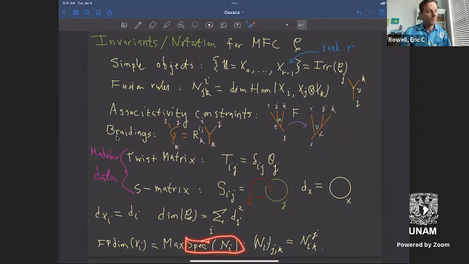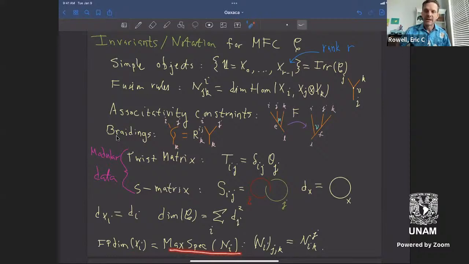In particular, you can look at the eigenvalues of that matrix. Turns out the eigenvalues are algebraic integers for sure. But the largest one, largest in modulus, is always going to be a real number. That's by the Perron-Frobenius theorem. And so we can define the FP dimension, the Frobenius-Perron dimension of an object, to be just the largest eigenvalue.